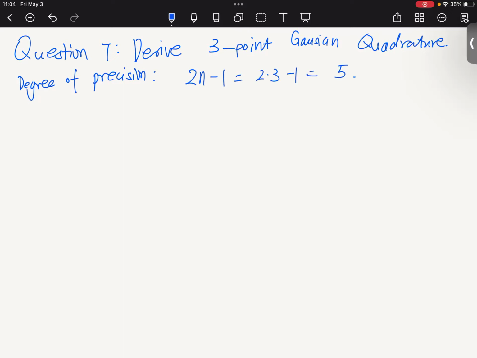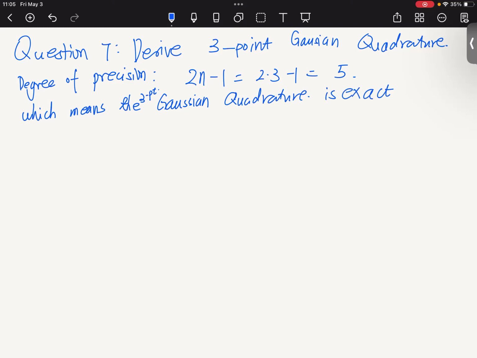And which means that the 3 point Gaussian quadrature rule is exact for the function f(x) equals x to the order n, where n equals 0, 1, 2, 3, 4, and 5.